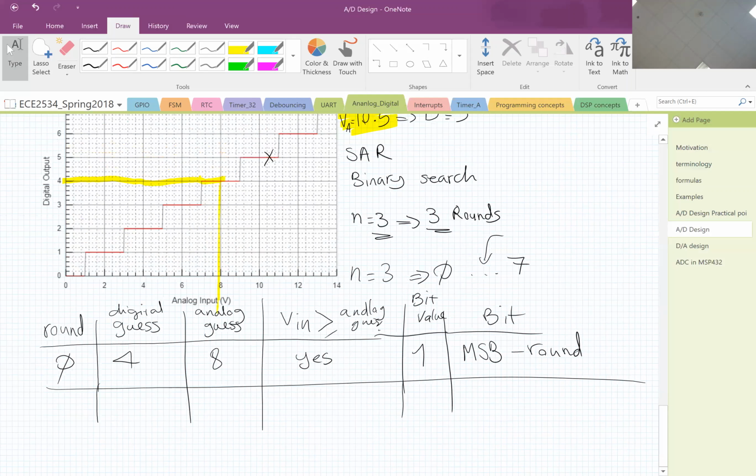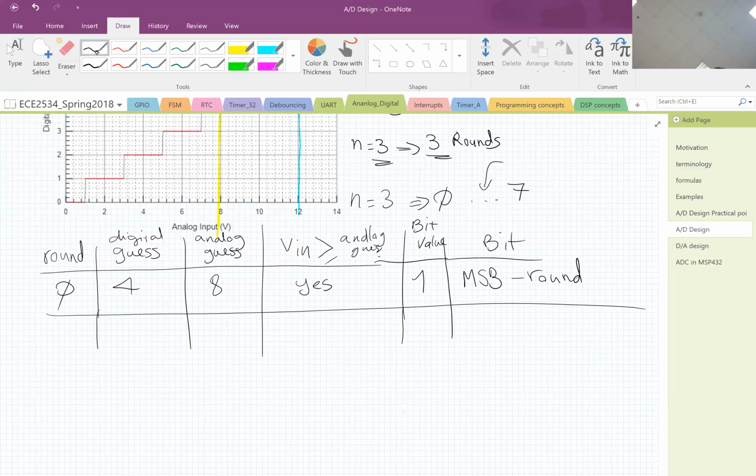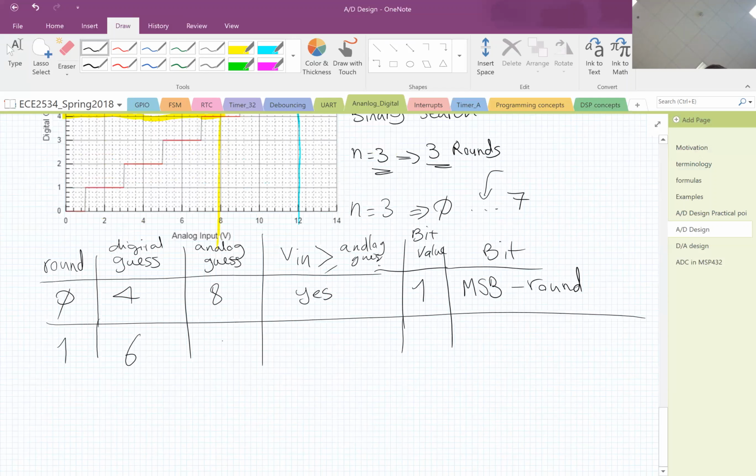What is the second guess? It's a binary search, so I'm not telling you. You tell me. What is the second guess? The digital guess. No, we have a digital. We are not making analog guesses. What is it? 6. So this was my first guess. This is my second guess, and the second guess, we have round 1. Digital guess is 6. Analog guess is what? 12.